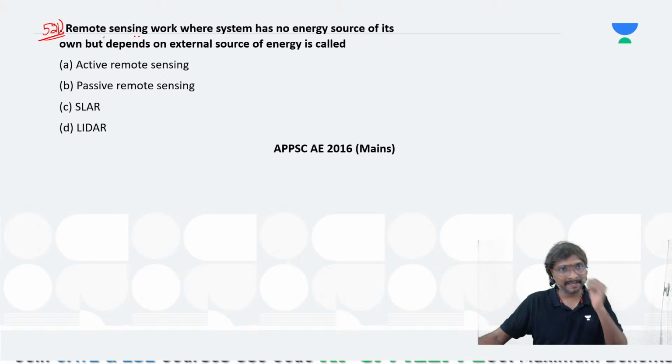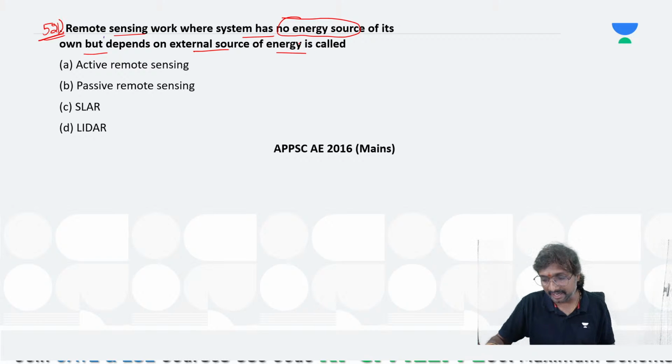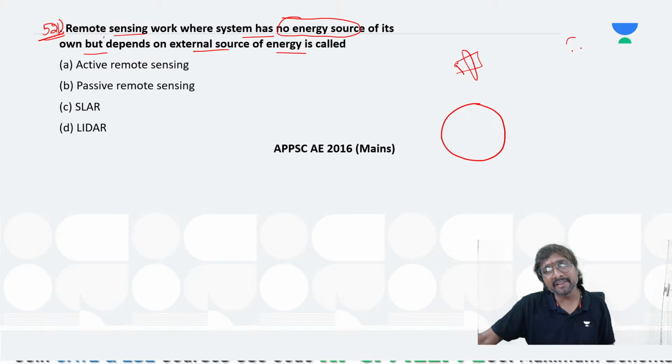Remote sensing question. In this remote sensing, the system has no energy source of its own, but depends on an external source of energy. Mayur said B. This satellite will not be releasing any energy, and will be using the sun, that natural energy.